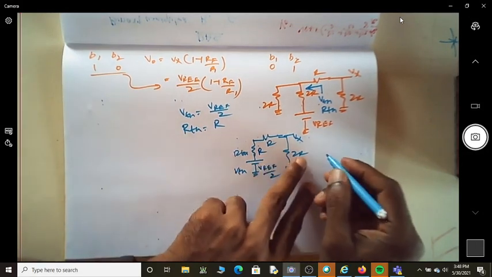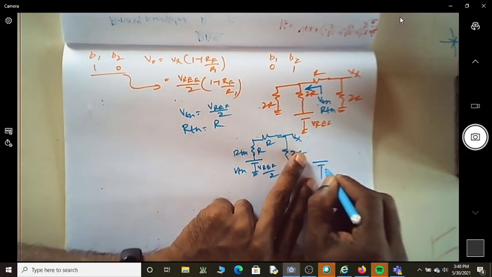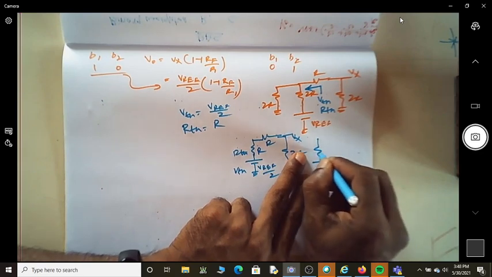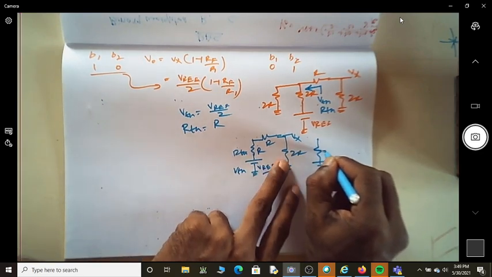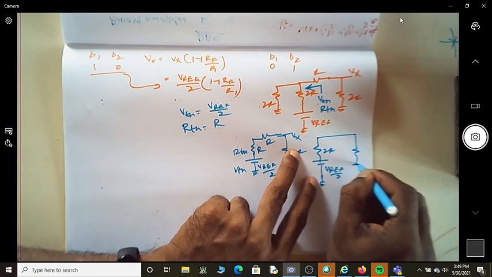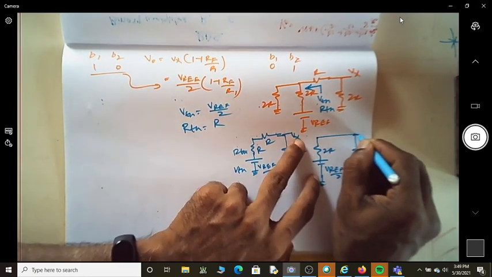So now we have a circuit which has V reference by 2 as the voltage source, and you have a total resistance of 2R there, because this is R plus R, and do I have one more 2R here? Are you looking at Vx?